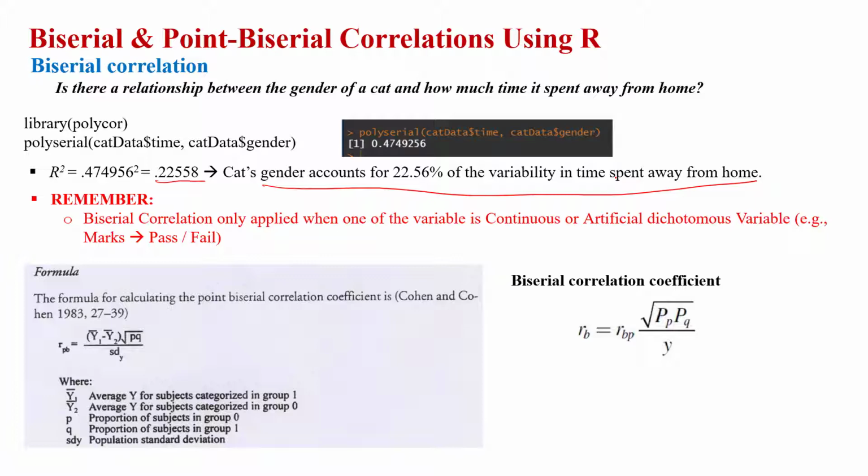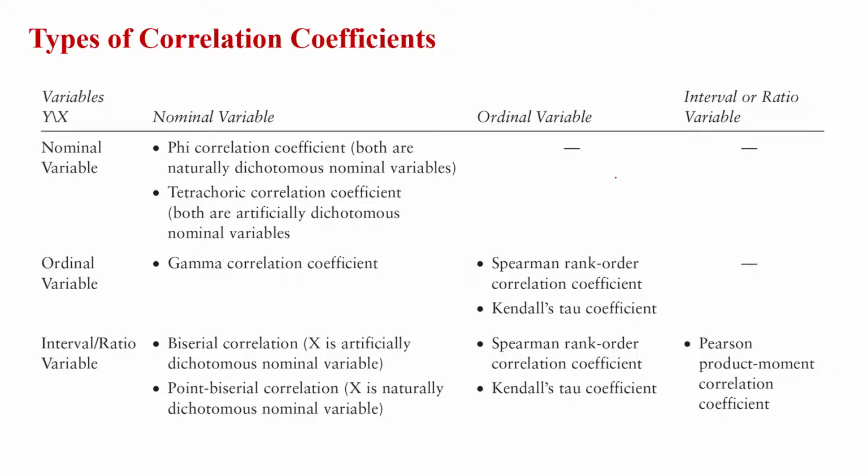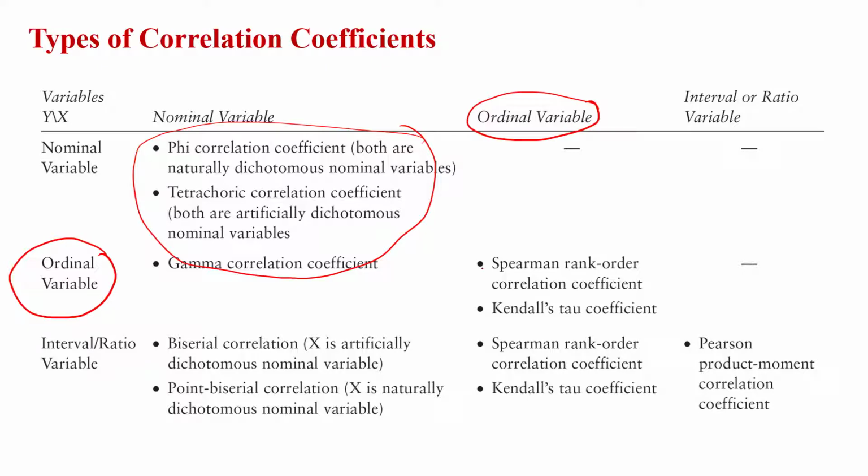Now let me show under what condition, what kind of correlation coefficient we can apply. If one of the variables is ordinal and the other one is also ordinal, then we can choose one of them.